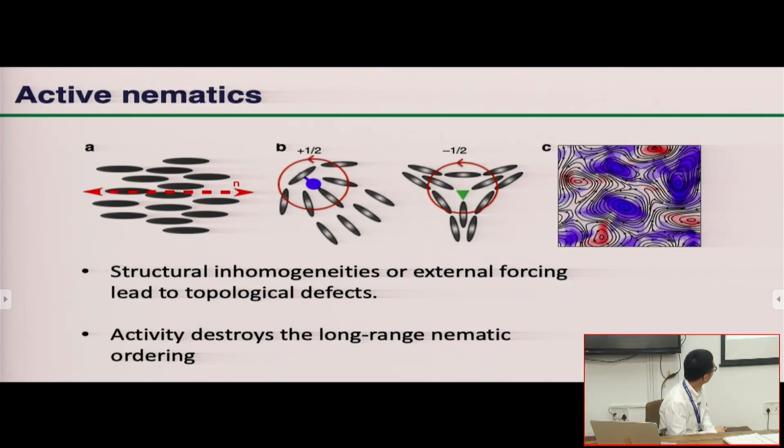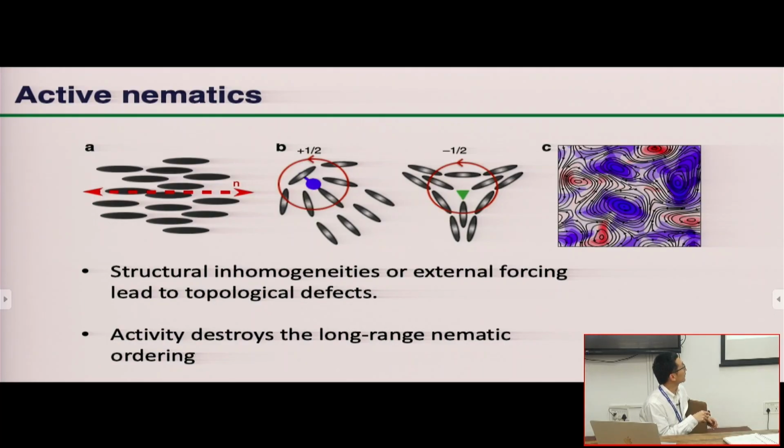So we're still talking about passive nematics. They can have long-range orientational order like this, aligned in the system. And they can develop defects, which are structural inhomogeneities or some kind of external forcing that leads to what's called a topological defect, something like this.